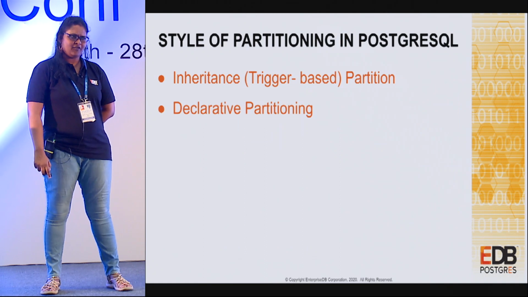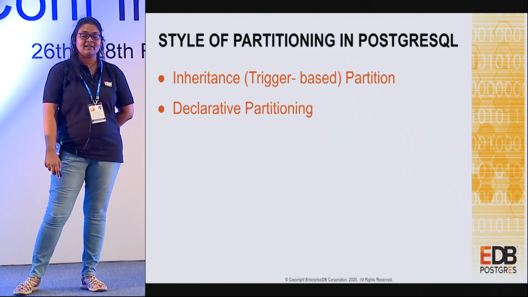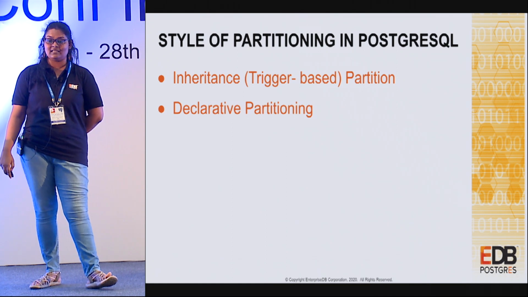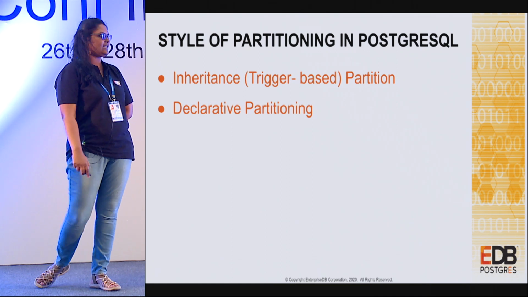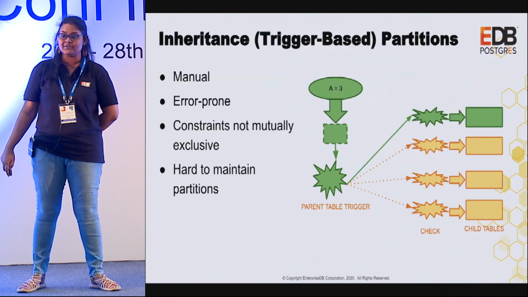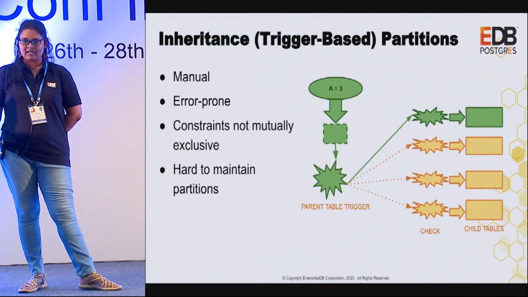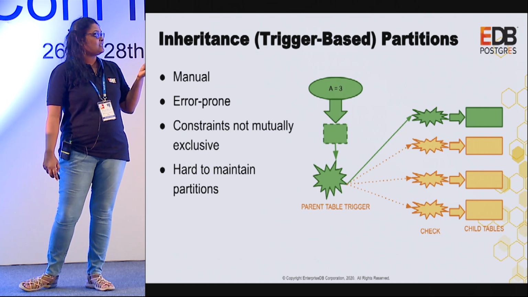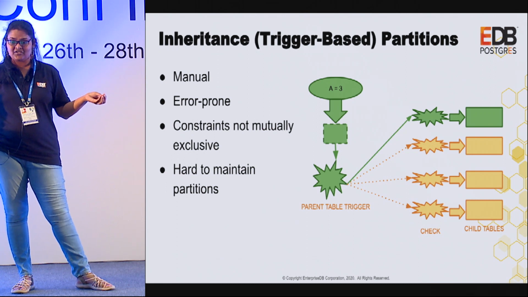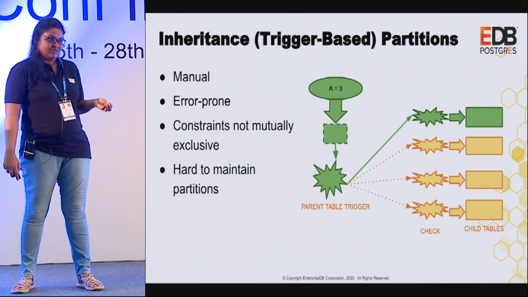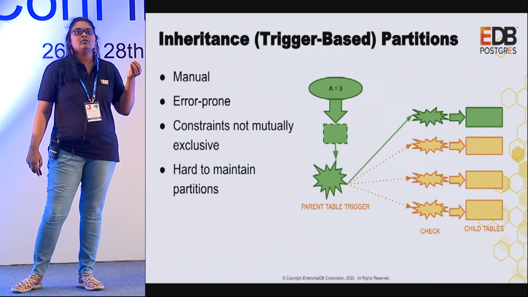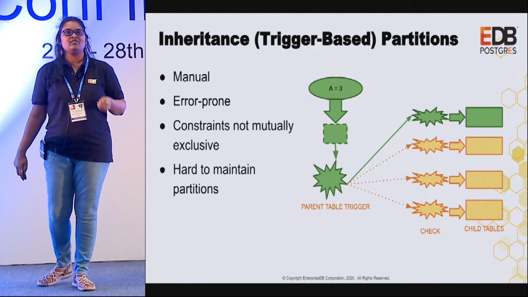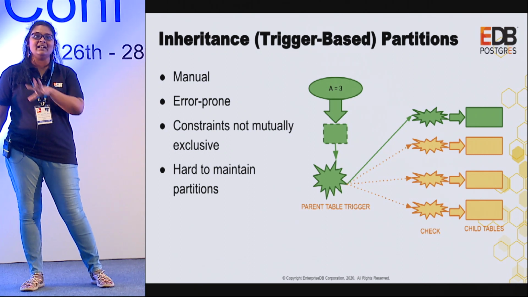So there are two styles of partitioning supported in PostgreSQL. One is the inheritance or trigger-based partition, which has been there since 9.1, and then the newer declarative partitioning, which was recently introduced in PostgreSQL 10. The problem with the inheritance or trigger-based partition was that it was manual. You have to create a trigger on the parent table and also a check constraint on the child table, and you have to manually maintain all this.